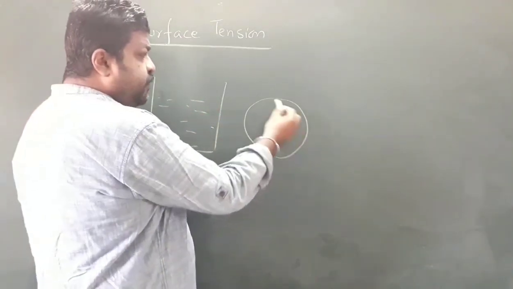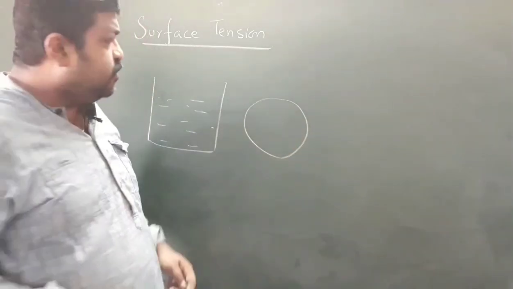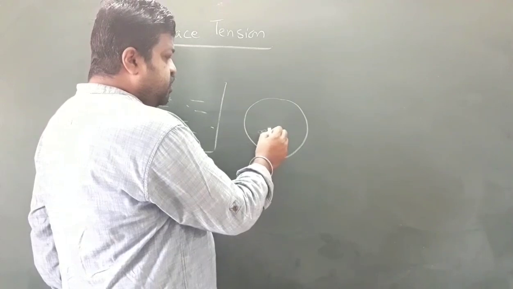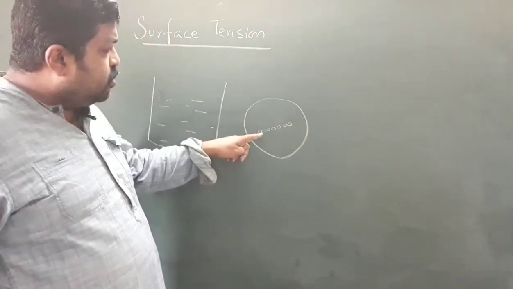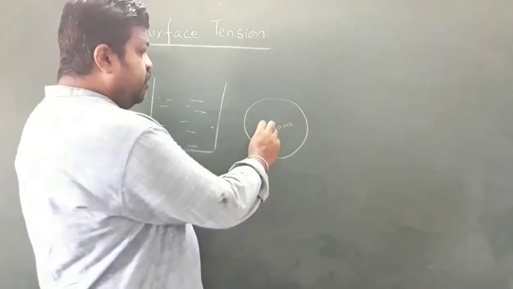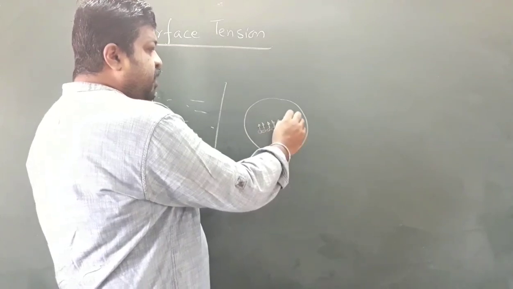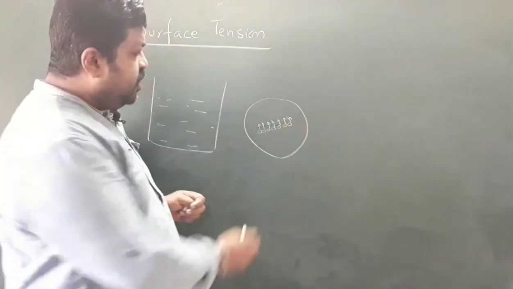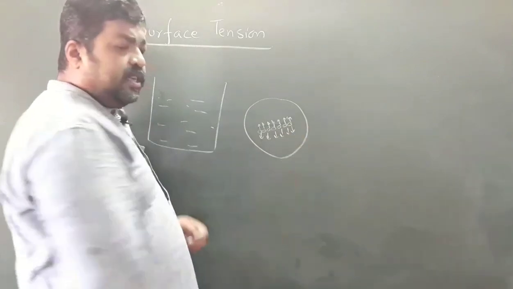Now this surface has all the molecules, and these molecules are in a state of unbalanced force. Now we are observing this set of molecules along a straight line. All the molecules on this side will pull these molecules to this side, so these molecules will experience an attractive force in this direction. These molecules will also experience an attractive force in this direction.